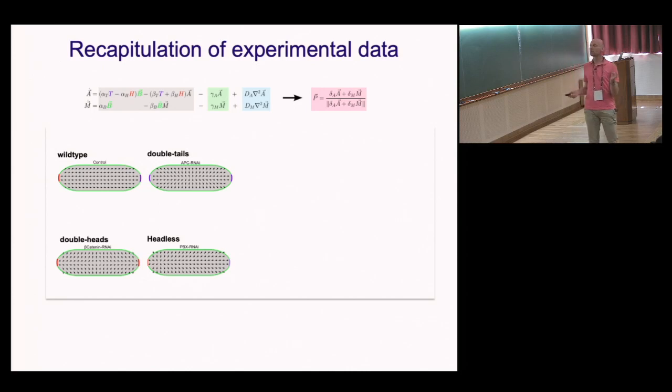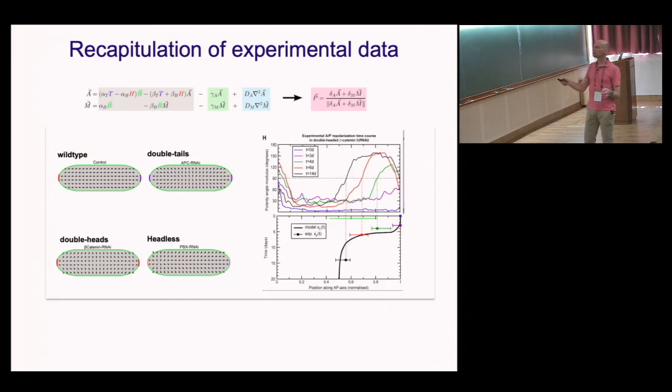But to me, the most interesting result was that the model also recapitulates the dynamic spread of the polarity wave from the boundary towards the center in these time course experiments that I've shown you a while ago.